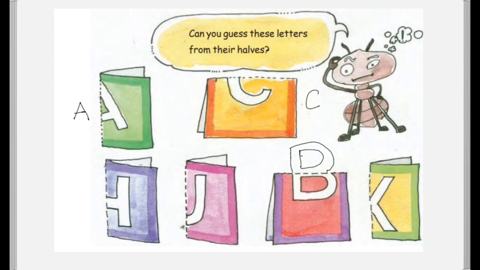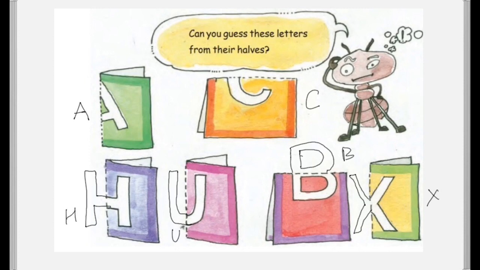If you see over here, if you make it like this, it can be X. Then if you complete this one, it can be U. We finish off this one, it is H. Okay, so in this manner you can complete these and get to know which letter do they form.